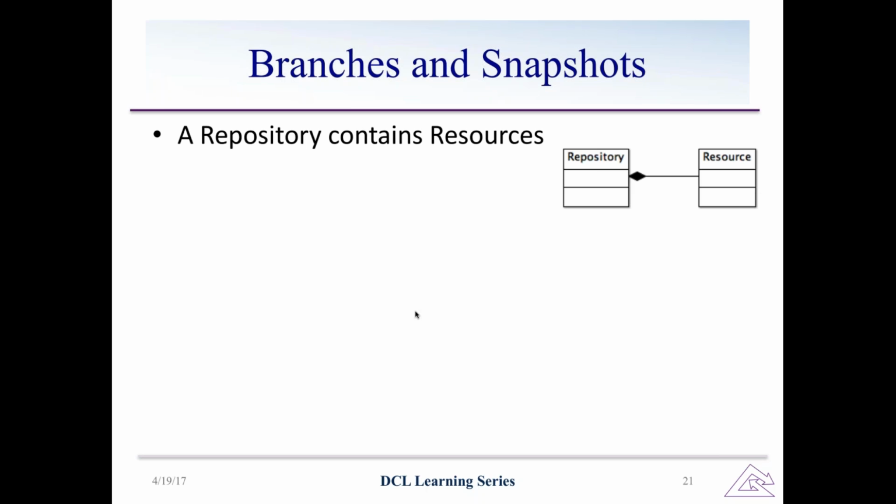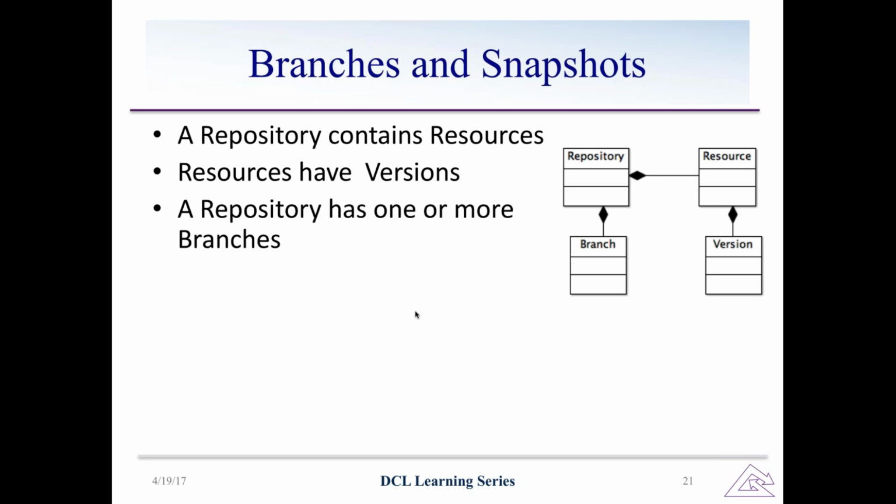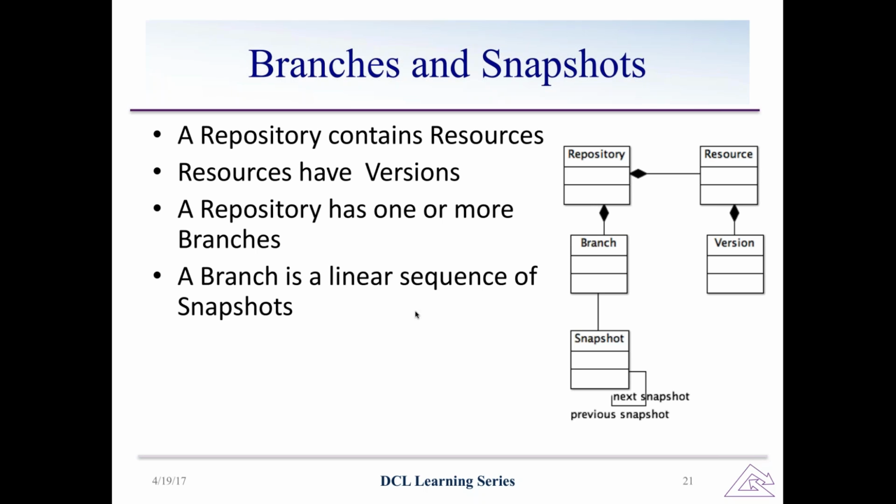So this abstract model for HyperDocument management is based on the abstract concept of a repository, and a repository contains resources, right? Your resources are the things that make up your HyperDocument, whatever they are. Resources have versions, so a resource can have 0 or more versions in time. Then your repository has branches, and a branch is a linear sequence of snapshots.